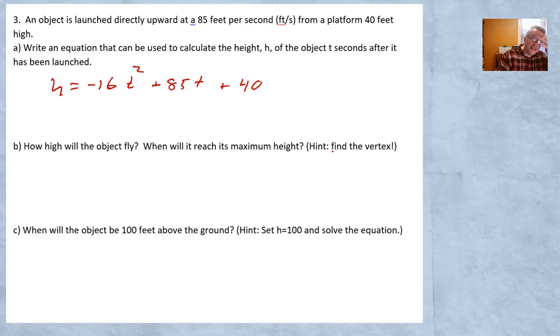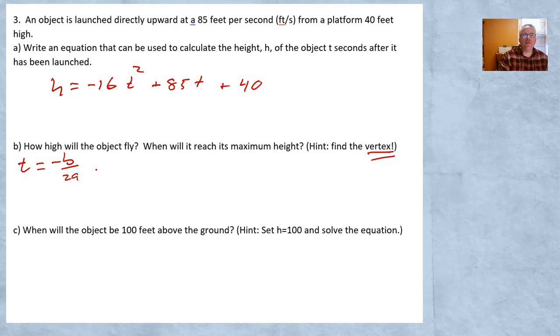Well, the key is to find the vertex. The vertex of the parabola gives me the time where it hits its peak and the actual value, or the height of the projectile then. So we're going to use our formula. Instead of x, we have t equals minus b over 2a.